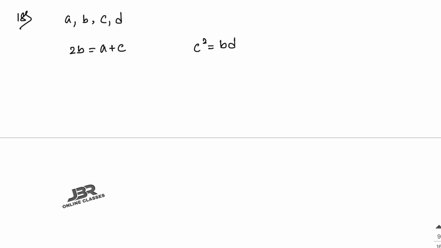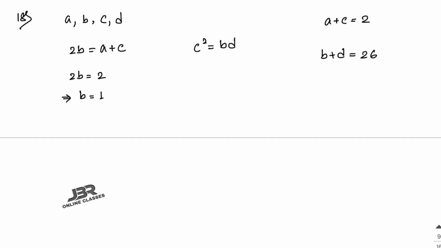Now, according to the problem, the sum of the first and third number, first number a and third number c, equals 2. So that means you can write 2b equals 2 and b equals 1. And again, the sum of the second and the fourth number, that means b plus d, equals 26.